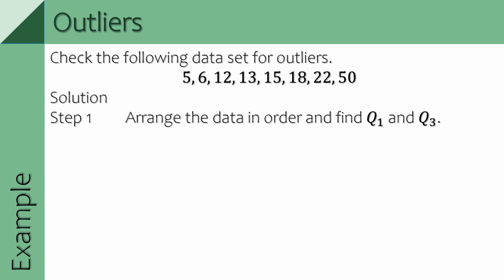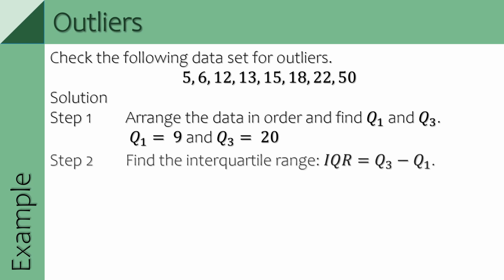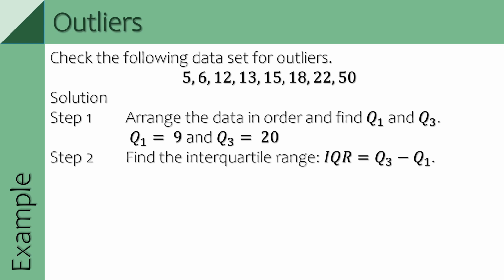Yung computation natin kanina, the first quartile is equal to 9 and then the third quartile is 20. So let's find the interquartile range by subtracting 9 from 20. So 20 minus 9 is equal to 11. So that is our interquartile range.